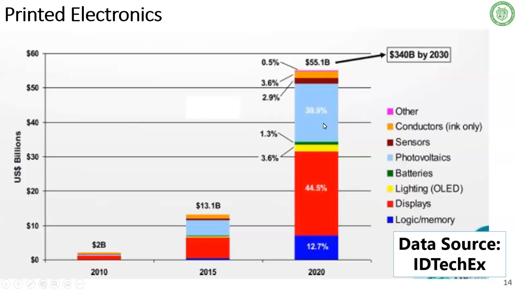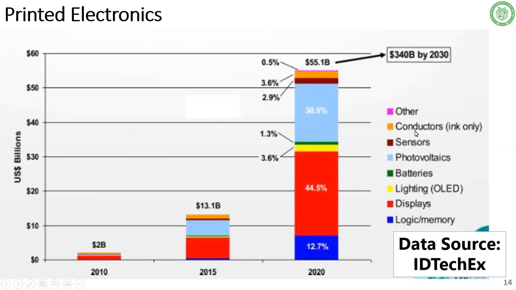And these are the major shareholders. If you look at display, that means your mobile phone display, even your LED TV or OLED TV. Now you see QLED TVs, and it has a major market share. Photovoltaics, solar cells, they have a major market share.